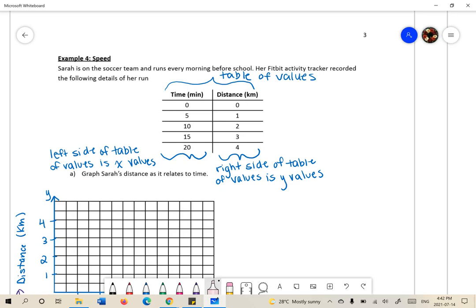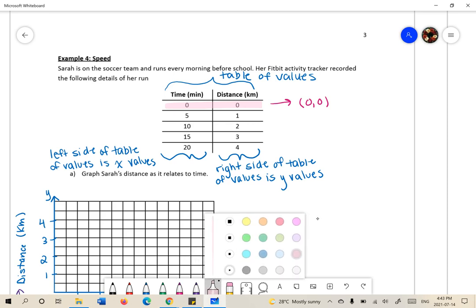So reading from left to right, the first row is 0, 0. Your x value is 0 and your y value is 0. These are actually coordinates, 0, 0. And together create a point that we can plot on the graph. Next, we have coordinates 5 and 1.